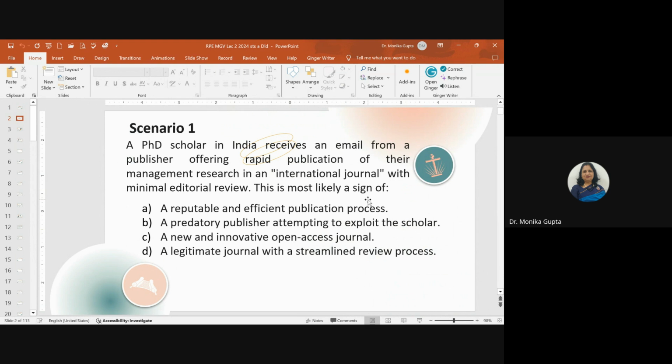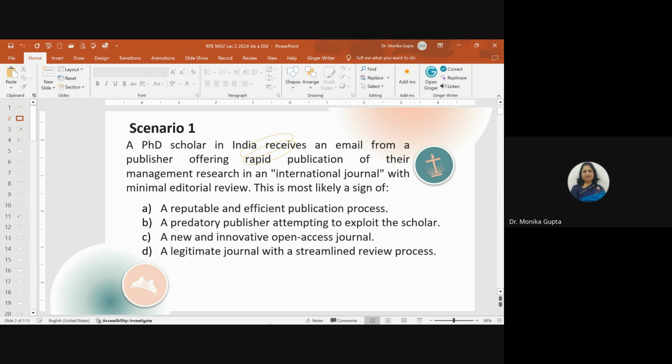This is most likely a sign of a reputable and efficient publication process, a predatory publisher attempting to exploit the scholar, a new and innovative open access journal, and a legitimate journal with a streamlined review process. So students, according to you, what should be the right answer?